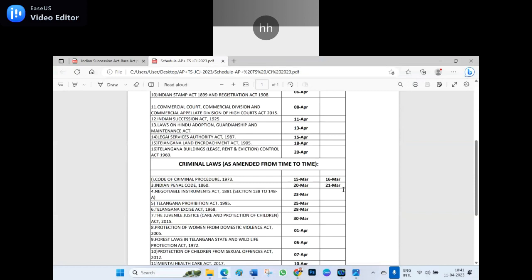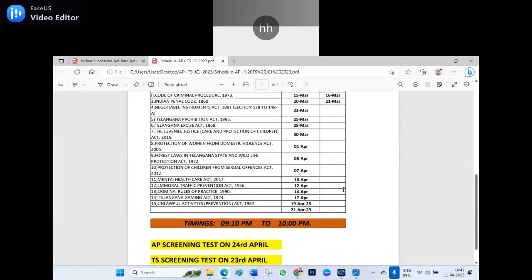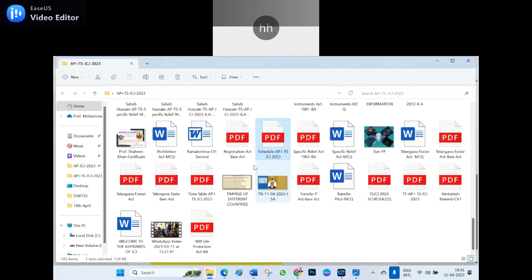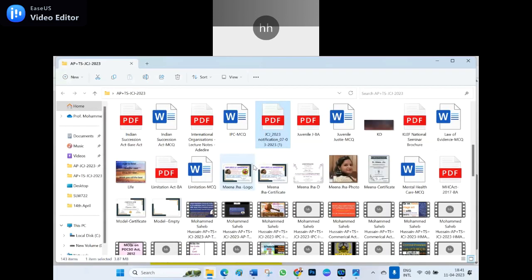Say yes. Today is the 11th, and on the 12th we are to deal with the Immoral Traffic Prevention Act, 1956. Is it only for Telangana, or is it for Andhra also? Only Telangana, sir.